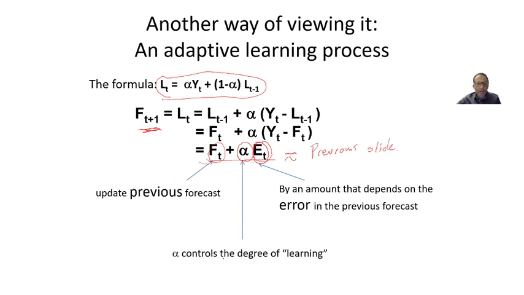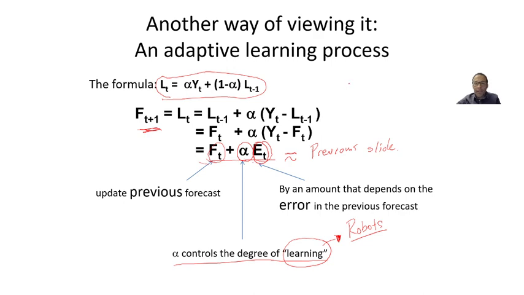This alpha controls the degree of learning, and this is very important because here we are starting to talk about learning, and because of this learning, for the very first time we can speak about robots. We are making an algorithm that learns from previous observations.